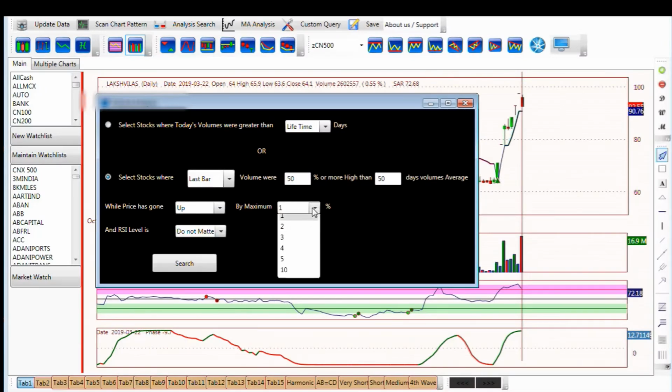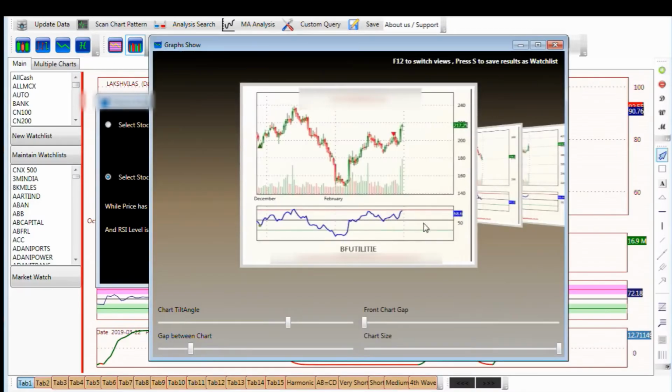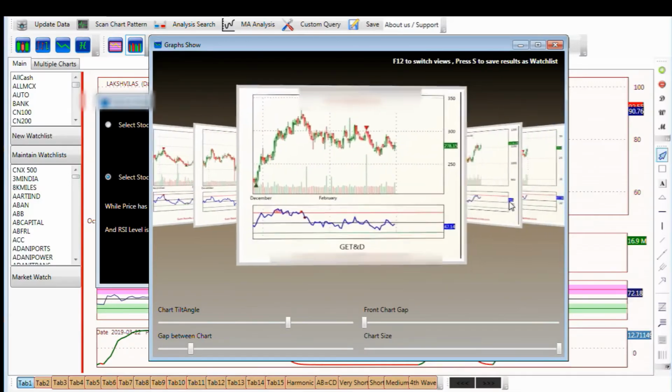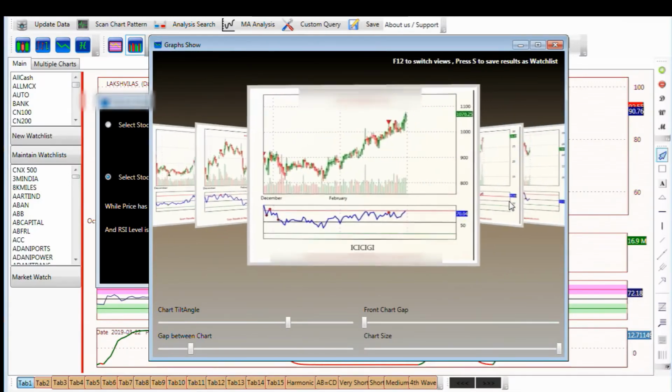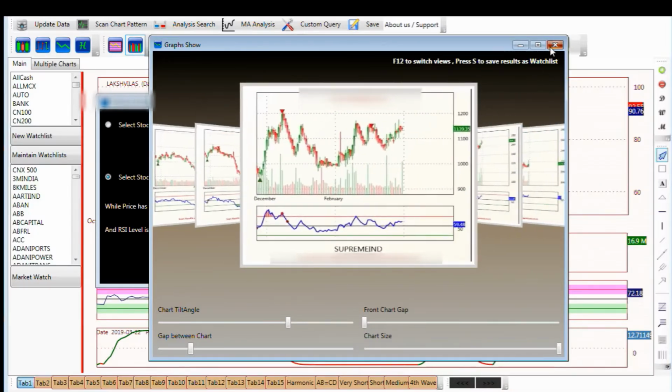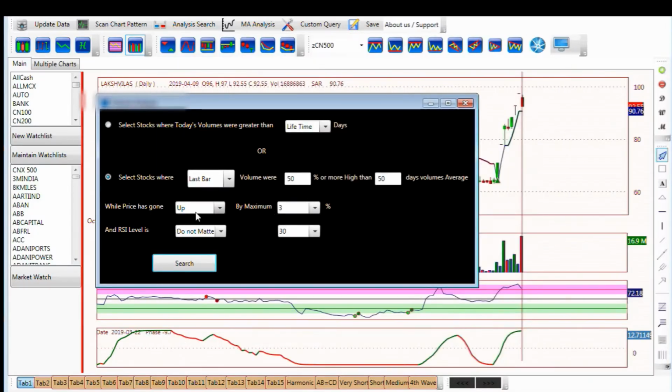Now this option is where the price has gone up by some percentage at maximum. The second option is where the price is down by some percentage, but we won't be exploring it right now.